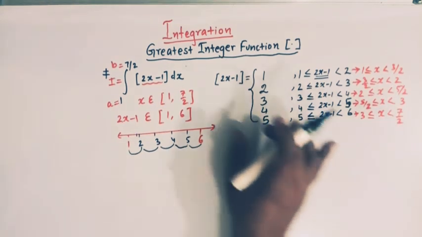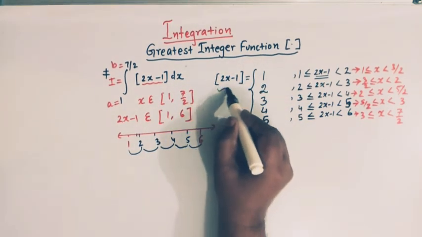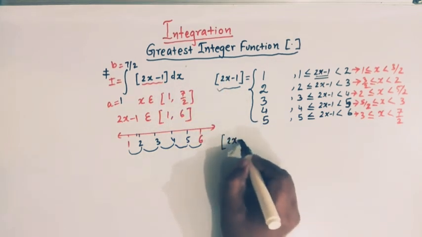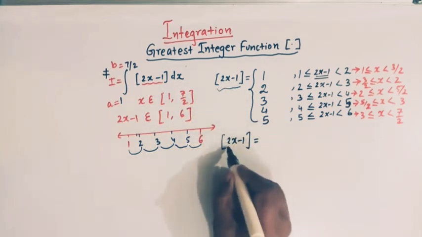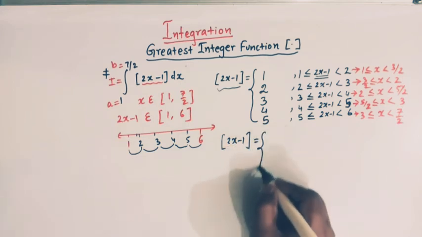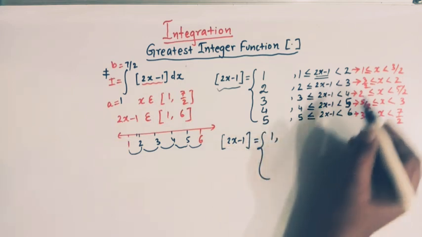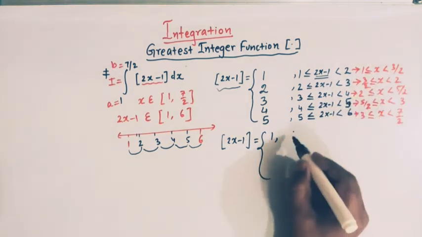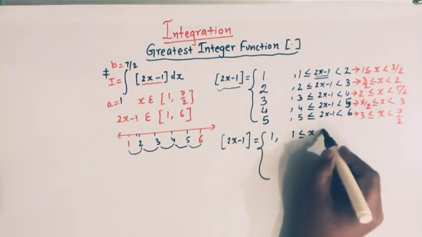So now we have expressed this greatest integer function 2x minus 1 as equal to 1 when x lies between 1 and 3 by 2, right?